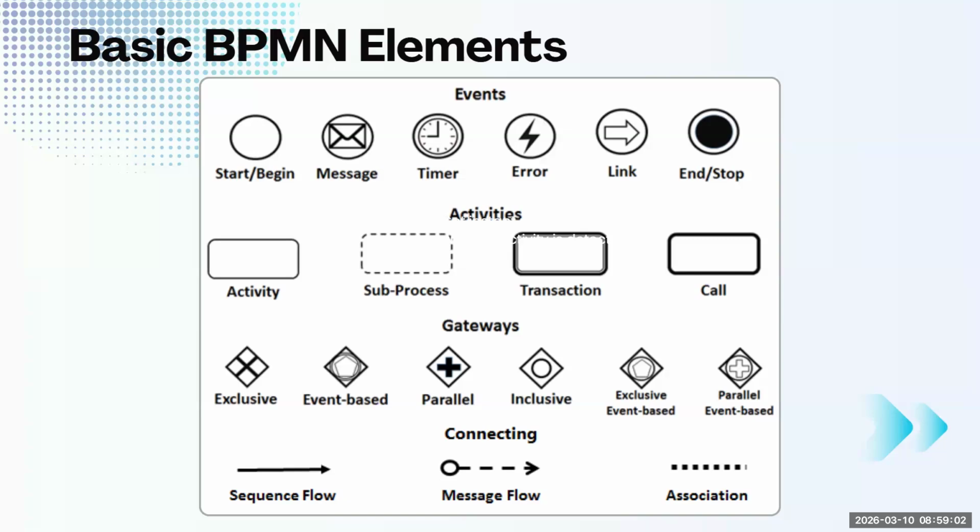Activities may also include sub-processes, which are a group of tasks. Third, we have gateways, which represent decision points where the workflow may branch into different paths. Finally, connecting elements, such as sequence flow and message flows, show how different activities are connected. These elements work together to visually represent how a business process operates.